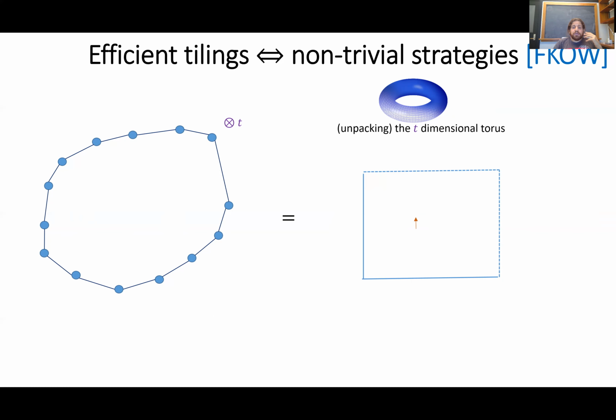So what is a non-trivial cycle in this drawing? It's some cycle that starts at some point described by this O. It goes in some direction, let's say up. It goes up, up, up, until it hits the top, but the top is the same as the bottom, so it wraps around and then it finishes the cycle.